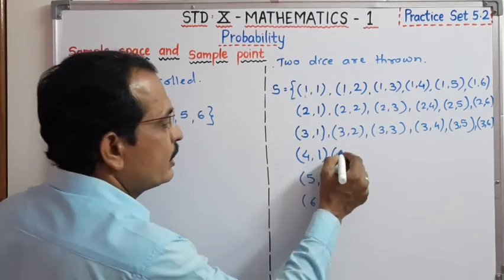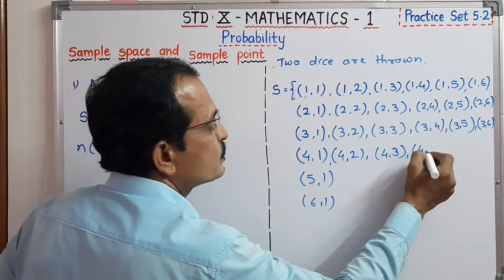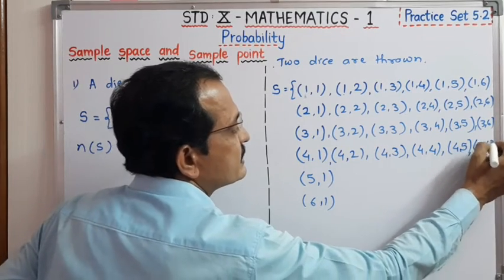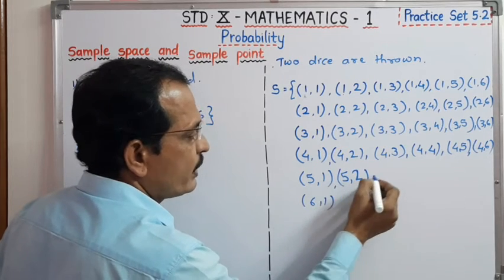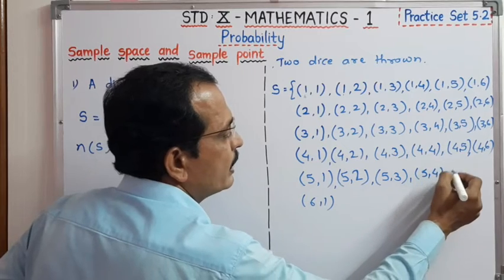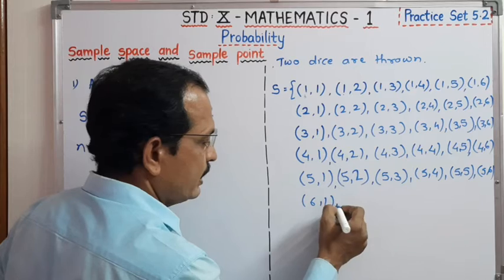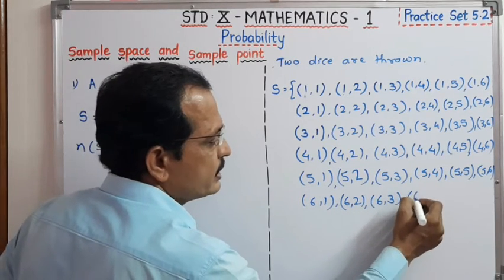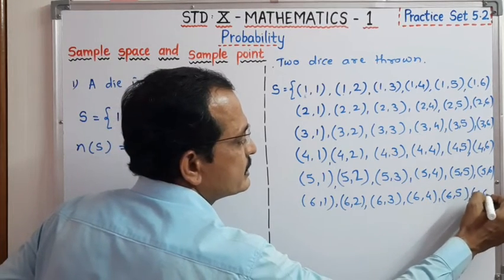Here we can write (4,2), (4,3), (4,4), (4,5), (4,6). Then (5,1), which we have already written, (5,2), (5,3), (5,4), (5,5), (5,6). Then the last one, (6,1), (6,2), (6,3), (6,4), (6,5) and (6,6).